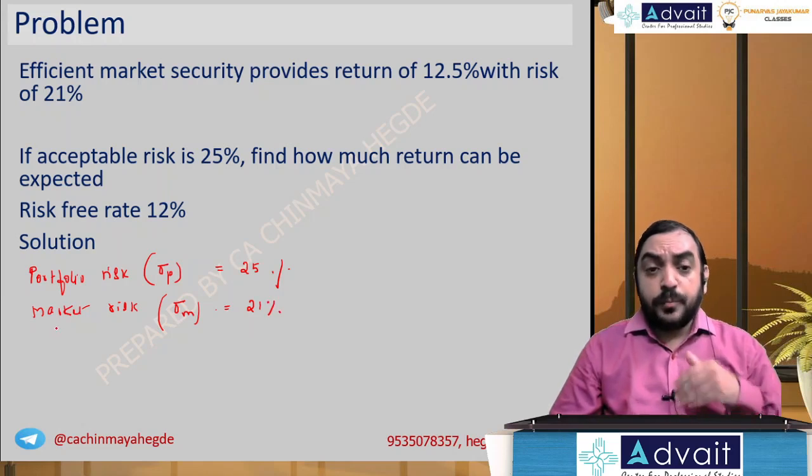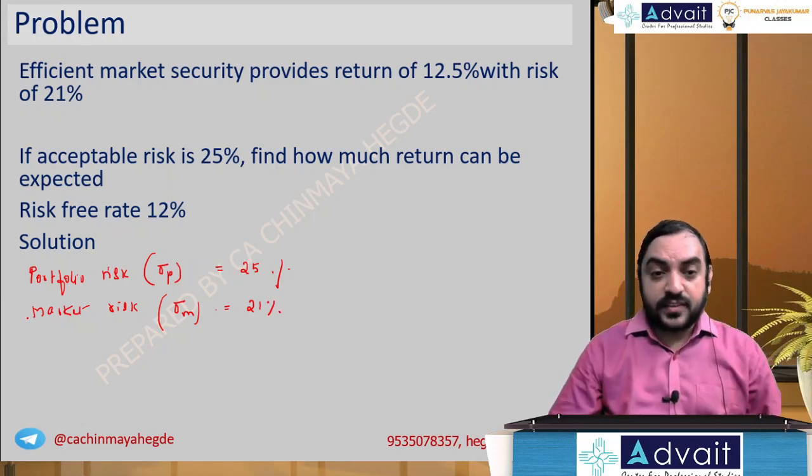So the portfolio risk is more than the market risk. Portfolio risk is greater than market risk.